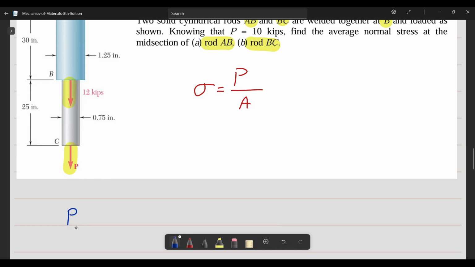Therefore, we can say that the total load is equal to 10 plus 12, which results in 22 kips.